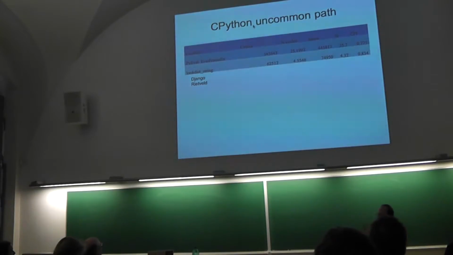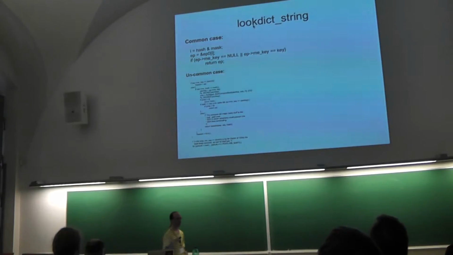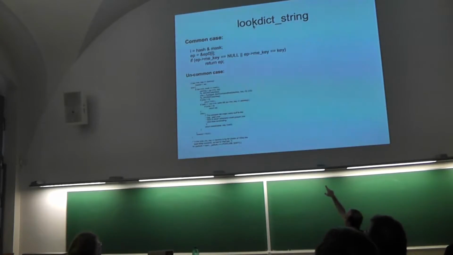But right after that is this function called lookdict_string. And lookdict_string is actually an optimized version of a general dictionary lookup for strings. What happens in that function is there's a very common case for very unpopulated dictionaries. Assuming that it really was a string, it'll calculate the hash, and then normally find the value it wants in the first bucket if it's there. So the common case is just immediately finding that key and returning it.